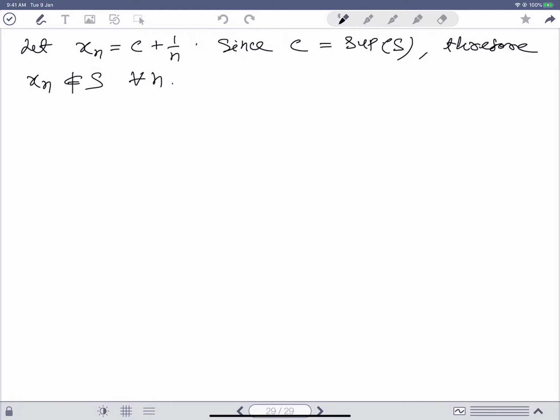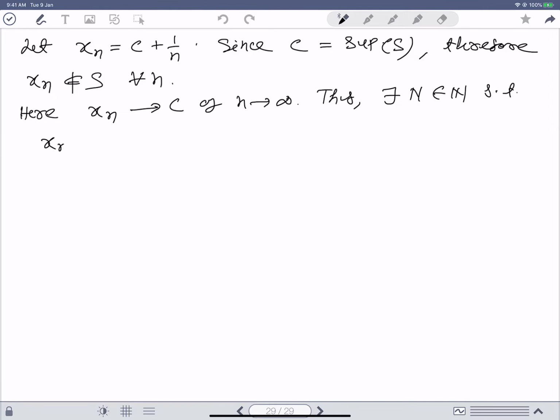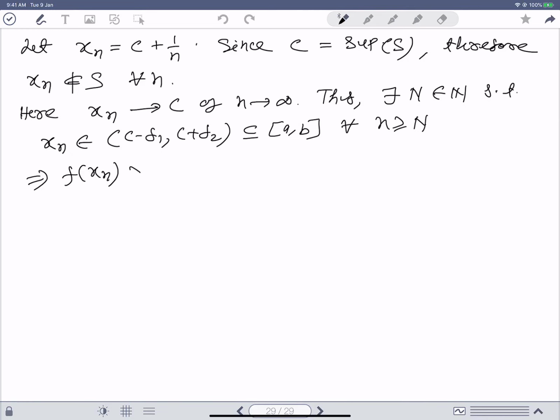Now note that xn converges to C, right? Therefore there exists a natural number N such that xn belongs to the set (C minus delta 1, C plus delta 2), that is a subset of AB, for all n bigger or equal to N.